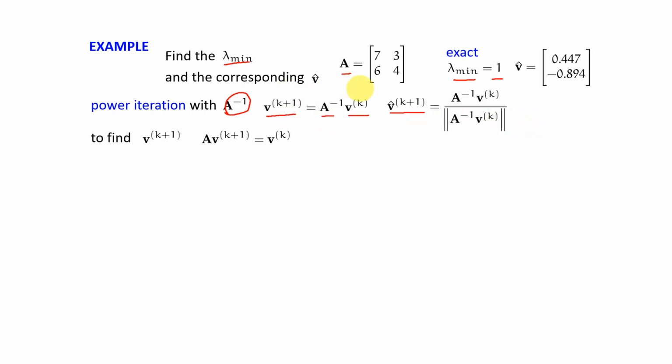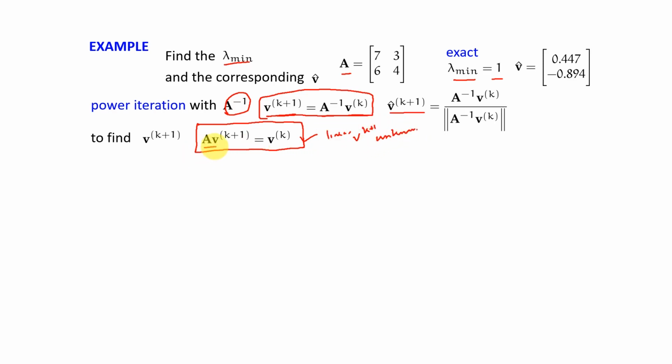Now the key to go through this process without directly finding the inverse is that to get Vk plus 1 equals A inverse Vk, I write it as A Vk plus 1 equals Vk, and then you can see that this is a linear system now where Vk plus 1 is our unknown.